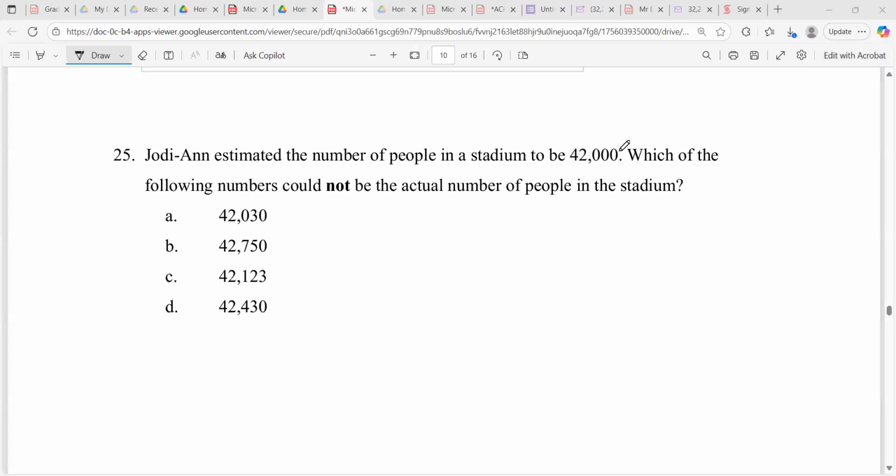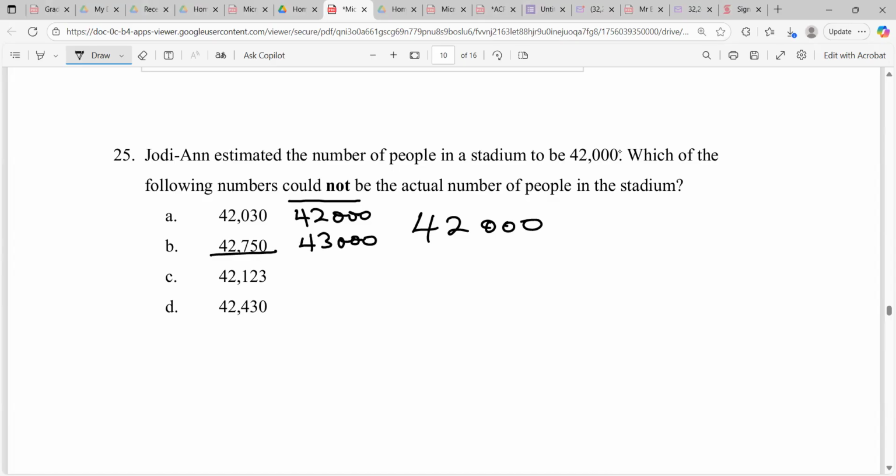All right. So it says which could not be the actual number. So again, the number is 42,000. So we know it's rounding off, right? So we just round it off to the nearest thousand and then whichever is out. If we round off 42,030, it will be 42,000, right? If we round off this, it will be 43,000.